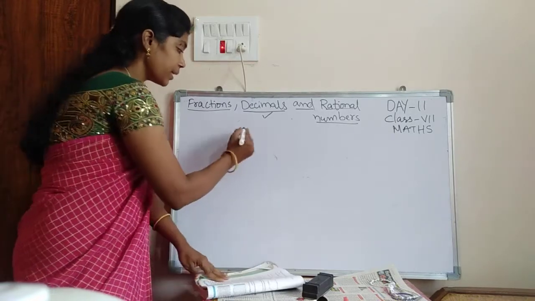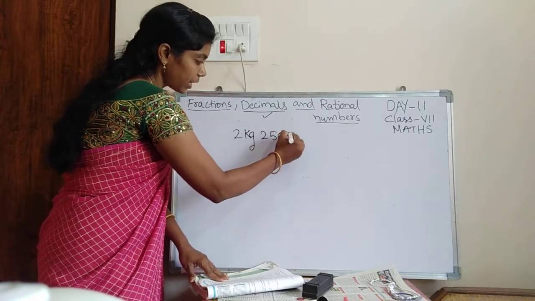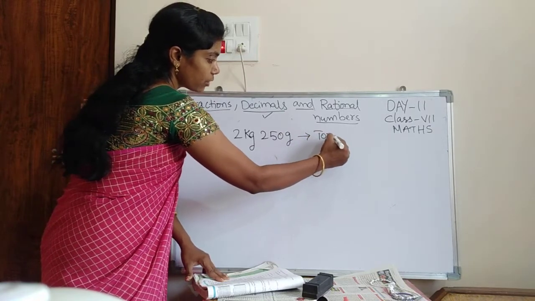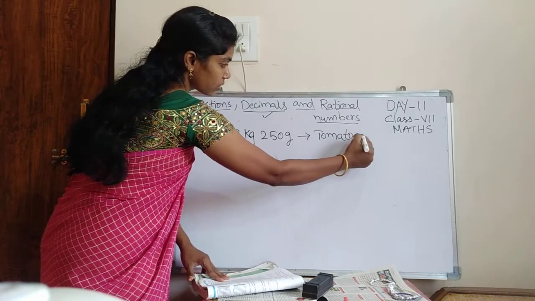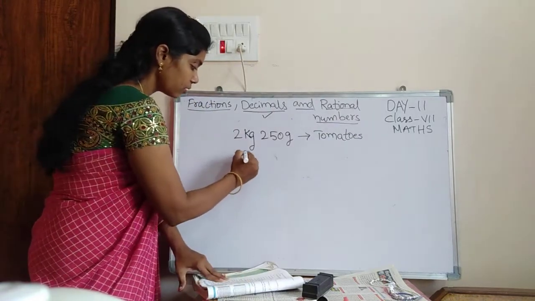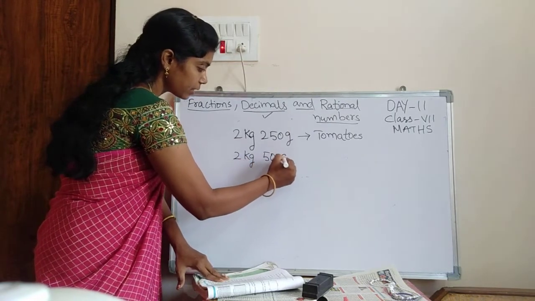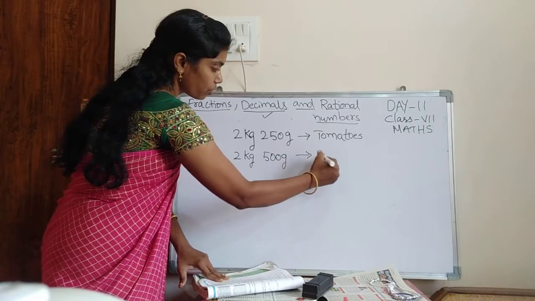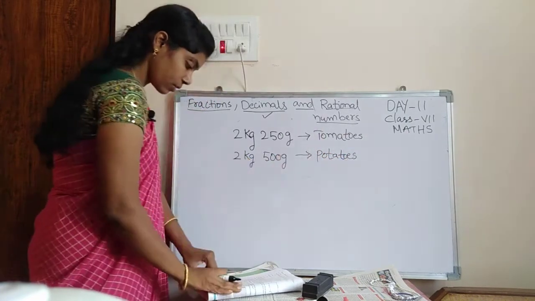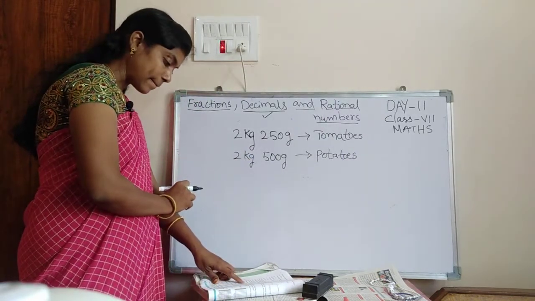We will write them separately. 2 kg 250 grams, these are tomatoes. Next, 2 kg 500 grams, potatoes. Next, only 750 grams of lady's finger.